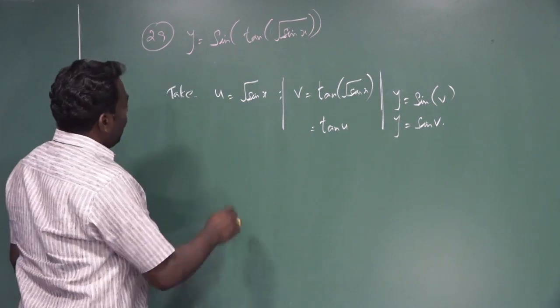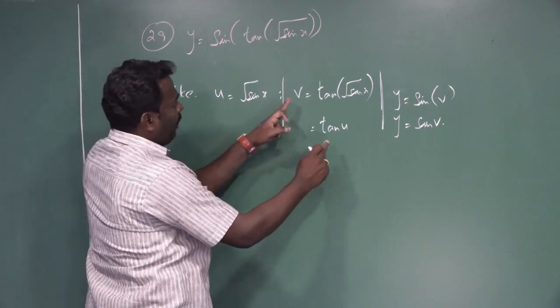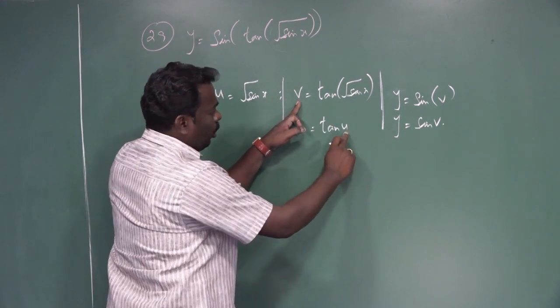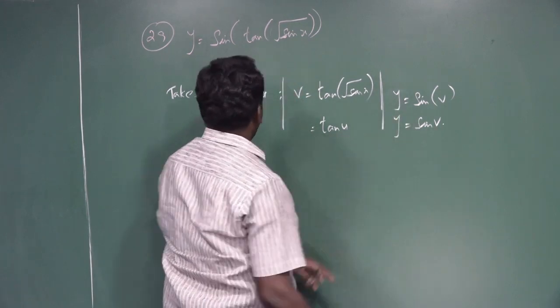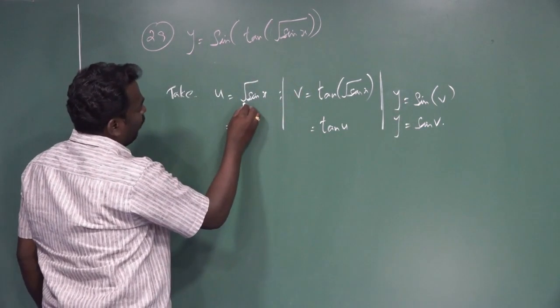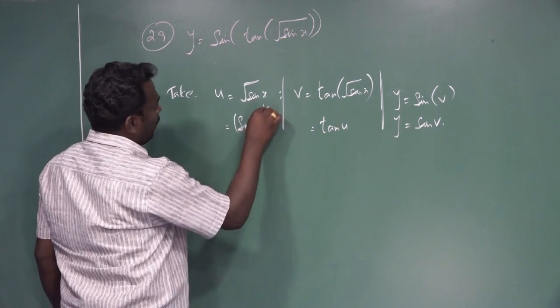So now the u function is differentiated with respect to x, the v function with respect to u, and the y function with respect to v. Before differentiating, write the square root term as a power term, sin x whole power 1 by 2.